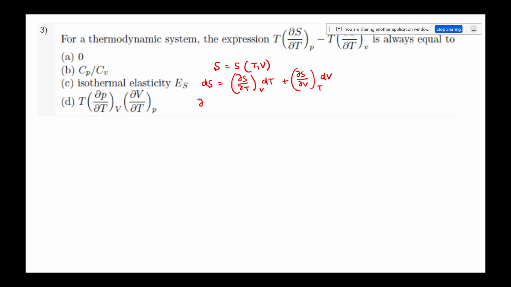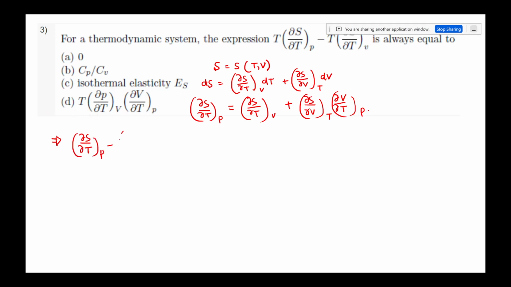Okay, so (del S/del T) at P will be (del S/del T) at V plus (del S/del V) at T times (dV/dT) at P. So (del S/del T) at P minus (del S/del T) at V is (del S/del V) at T times (del V/del T) at P.